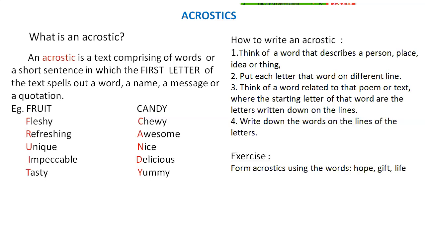The next letter in this word is D. And the word that we formed using D is delicious. The last letter in this word was Y. And the word that we formed using Y was yummy. So this is how you form acrostics.